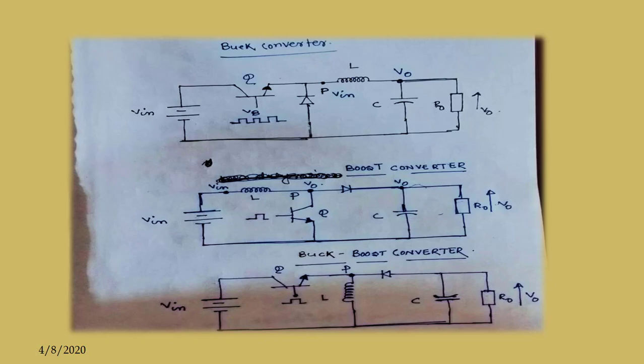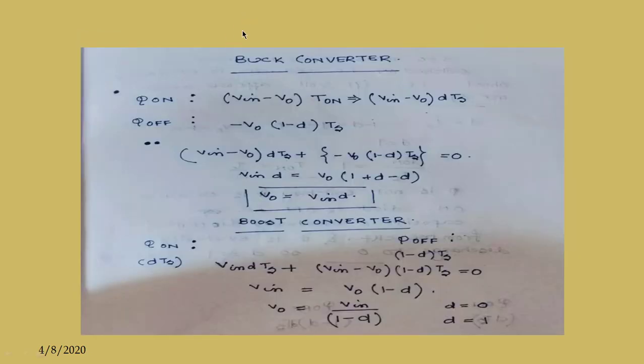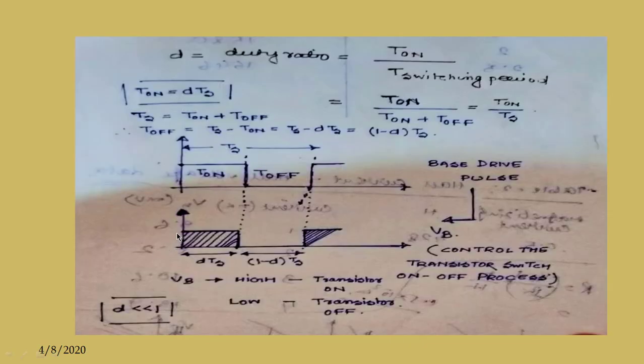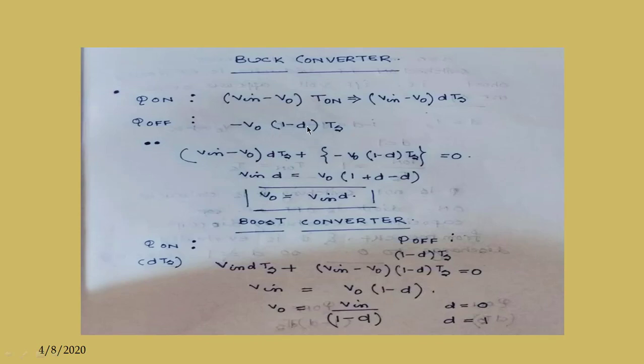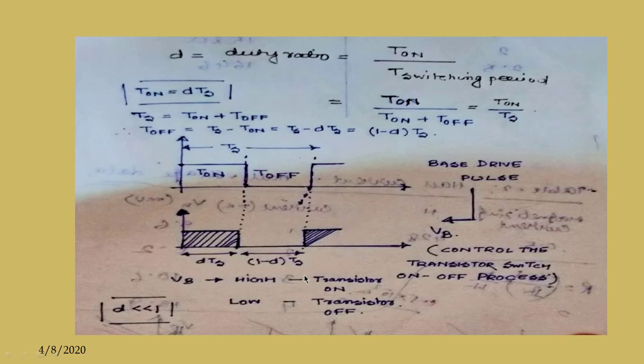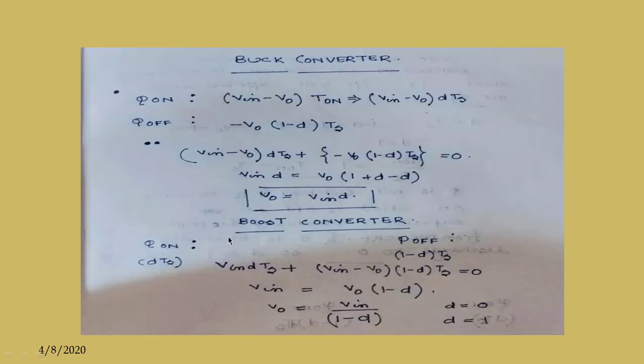So the voltage in the off condition is minus V0, and the total is 0 in steady state according to volt second balance, right? So in mode 1 it is V in minus V0 for the period T on equals DTS, and in the off period it is minus V0 for the period 1 minus D into TS, and the summation is 0, right?